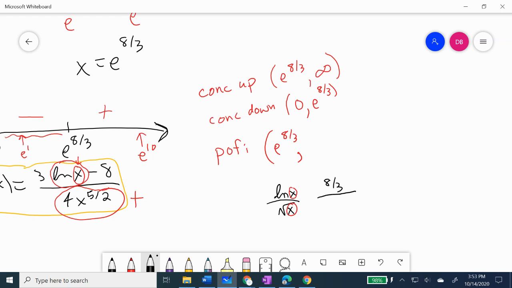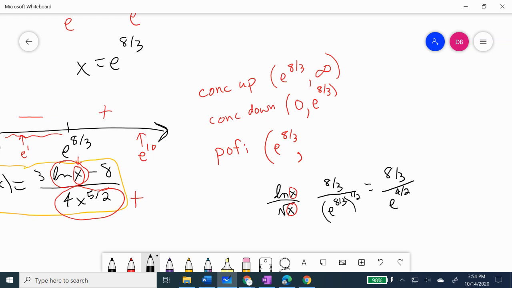And if I'm taking the square root of e to the 8 thirds, really that's e to the 8 thirds to the 1/2 power, and I multiply the exponents, and that gives me e to the 4 thirds power.